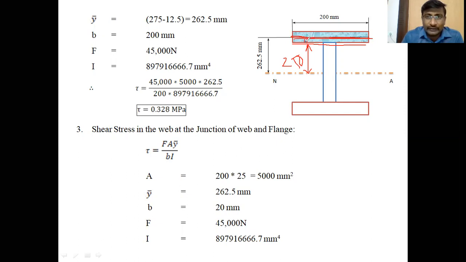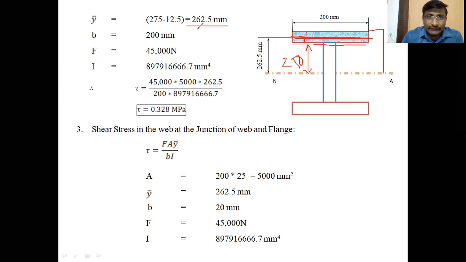So half of the upper flange height is 12.5. So 250 plus 12.5, 262.5. Otherwise, from this place to the top of the upper flange the distance is 275, that is 250 plus 25 minus 12.5.